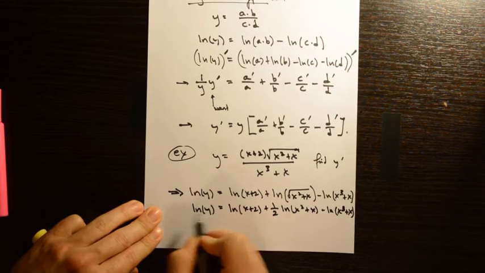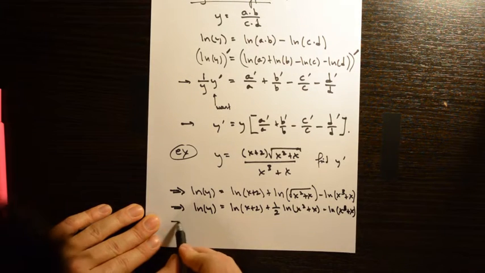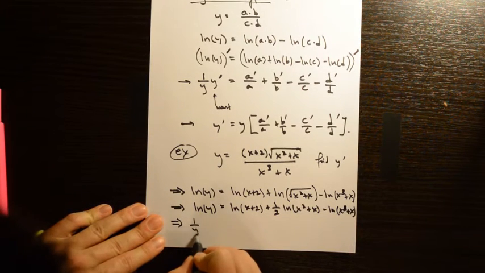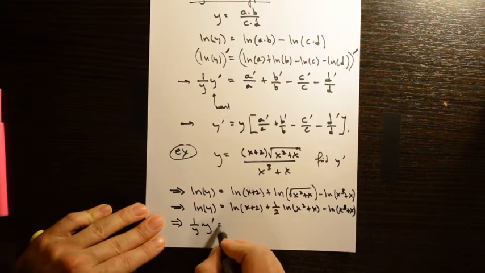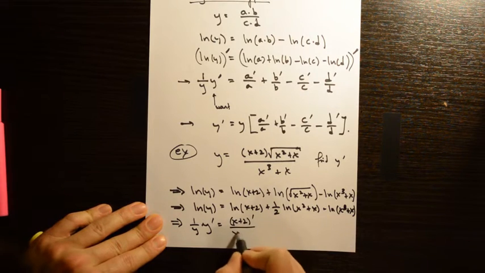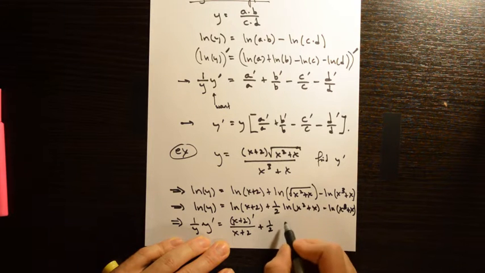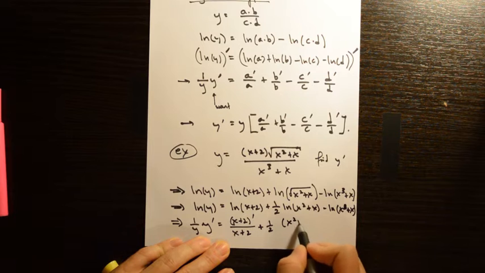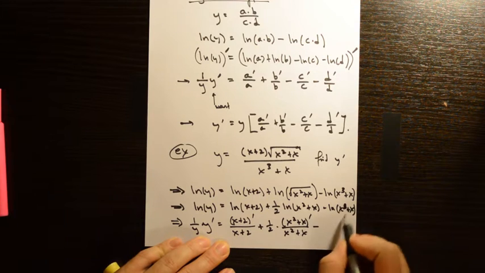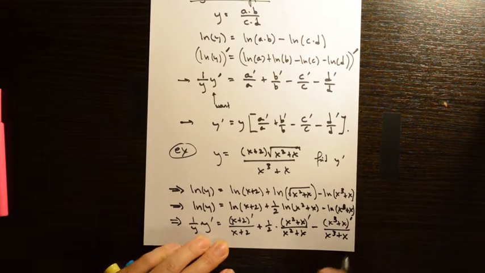Now we can take the derivative implicitly for this term, so this is 1 over y times y prime is equal to x plus 2 prime over x plus 2 plus 1/2 the derivative of this term, which is, let's say, x squared plus x prime divided by x squared plus x, and then here minus the derivative of this term, which is x cubed plus x prime divided by x cubed plus x.